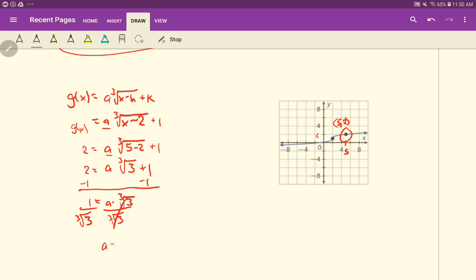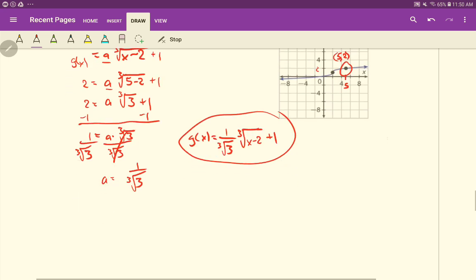And so then a is this weird number, 1 over the cube root of 3, and that's okay. That's going to be our a. Okay, and so we'll say g of x is 1 over the cube root of 3 times the cube root of x minus 2, plus 1. And there's our answer.